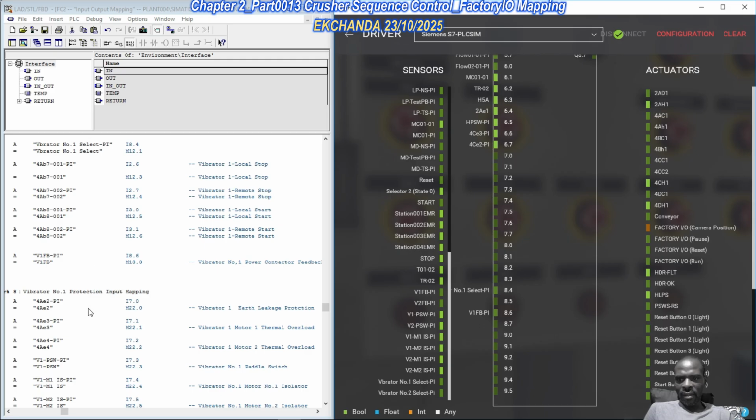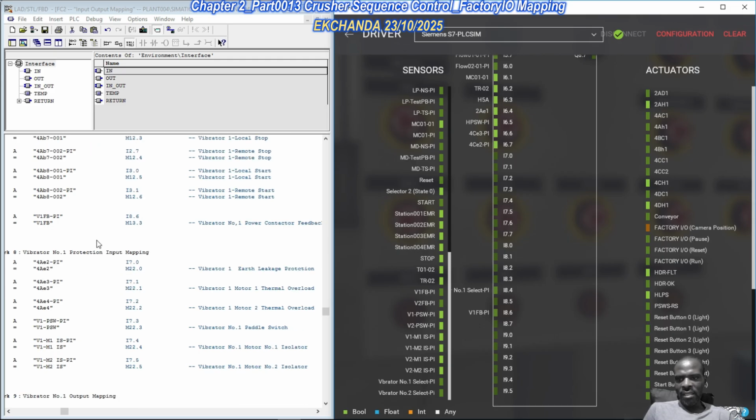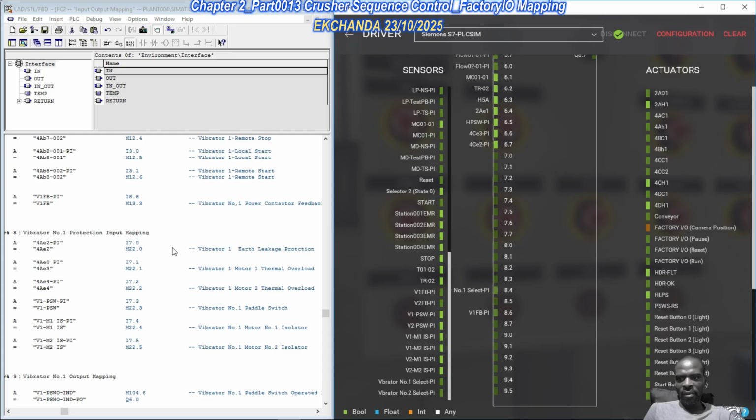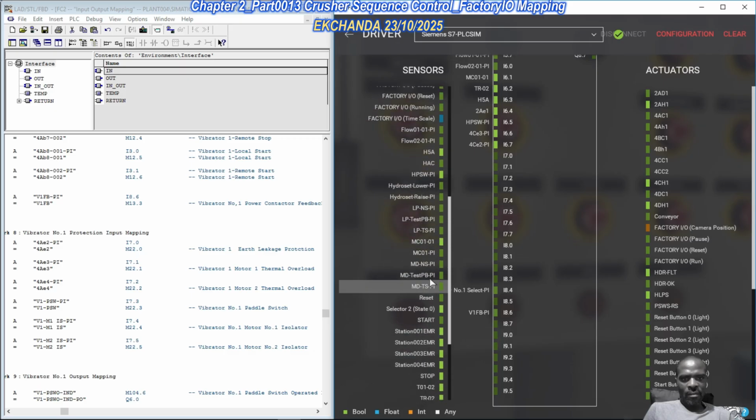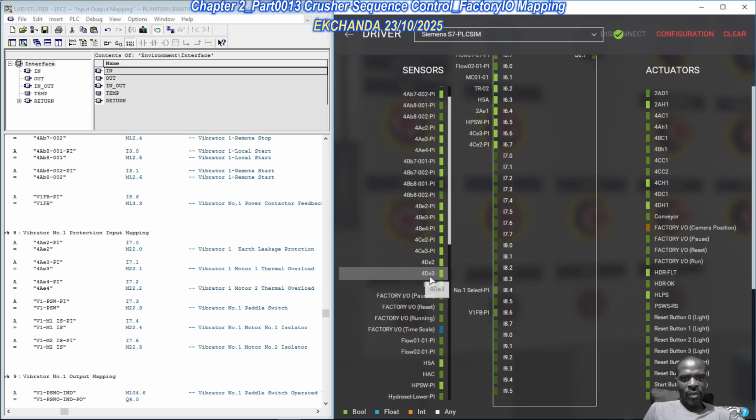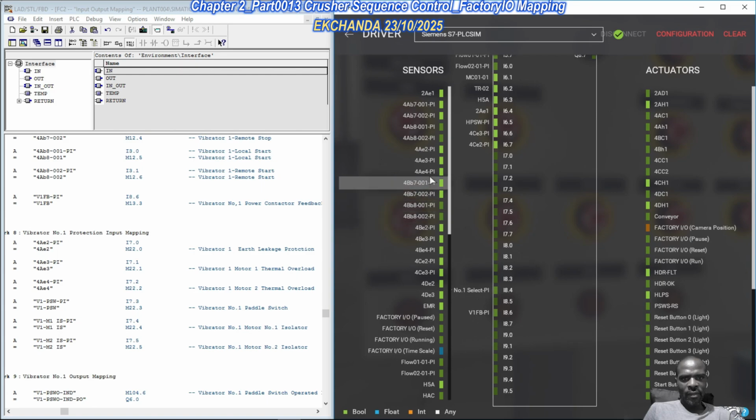Okay, then vibrator number 1 protection input mapping, we've got 4AE2, which is mapped to input 7.0. So 4AE2 mapped to input 7.0. 4AE3 is mapped to input 7.1.